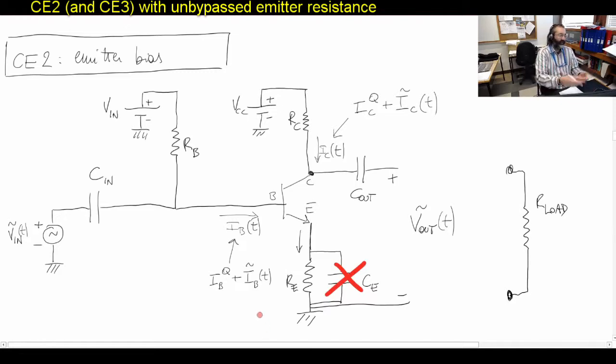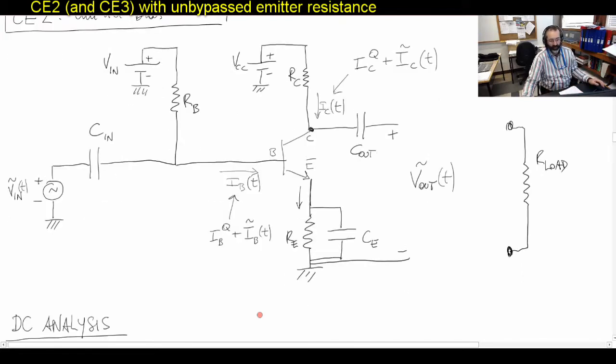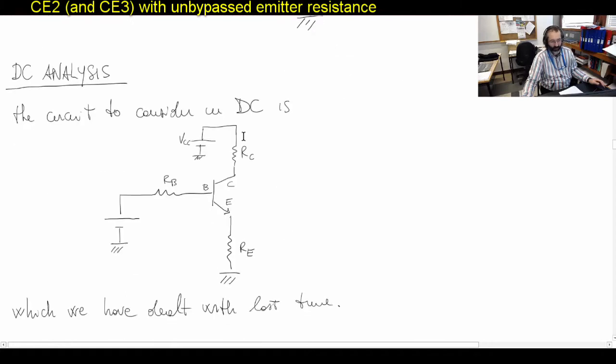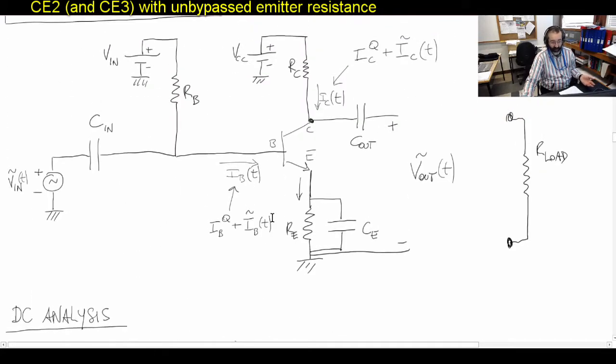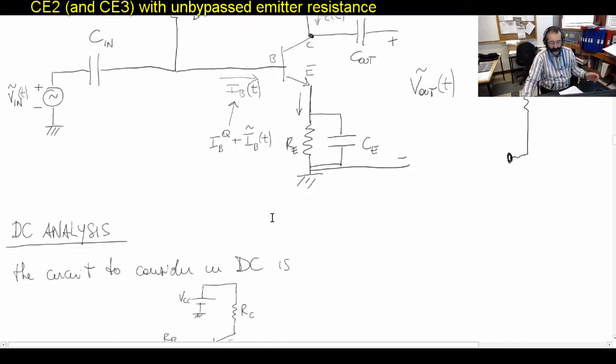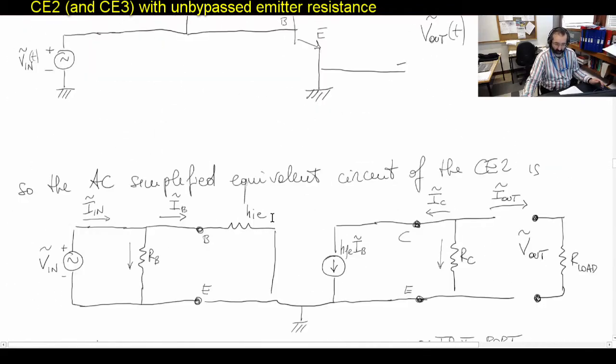The DC analysis would obviously be the same as the one that we've seen for this circuit. But now, for the AC analysis, we cannot neglect RE anymore if CE is not there, because there will be nothing to short the RE. So let's have a look at that.